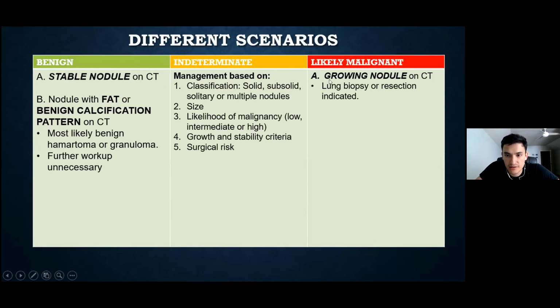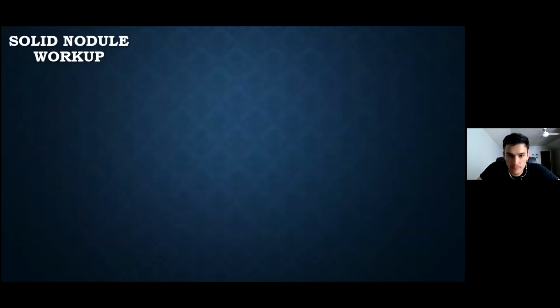The other scenario is that the nodule is likely malignant, and if the nodule meets criteria for growth, then it should be biopsied or resected. And the intermediate scenarios are the ones the Fleischner guidelines are more focused on, and the management depends on different characteristics. So I will discuss them now.